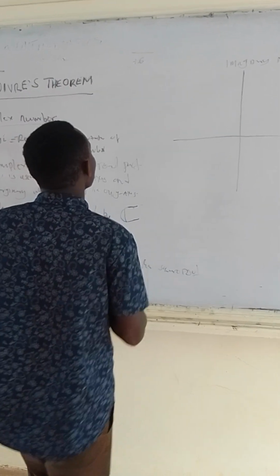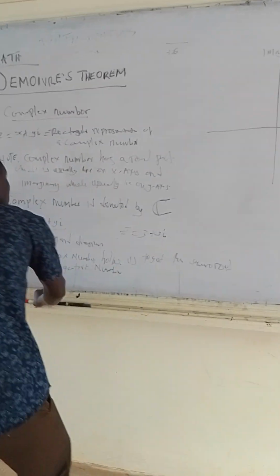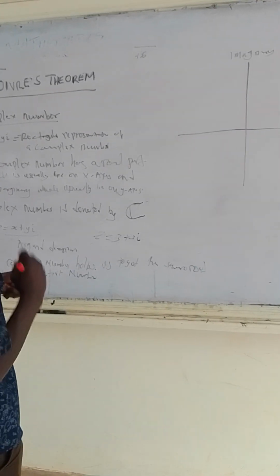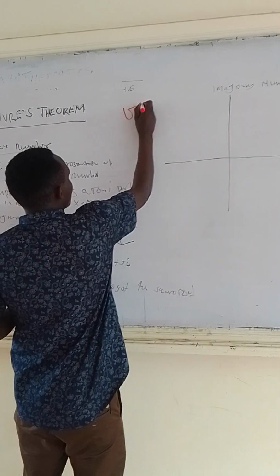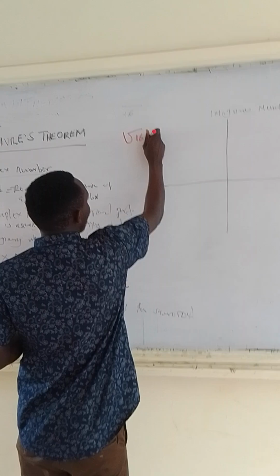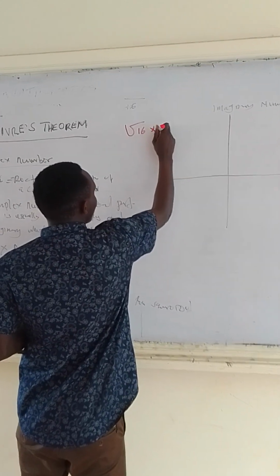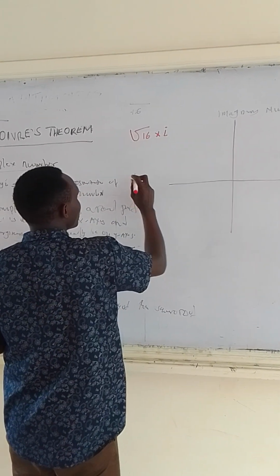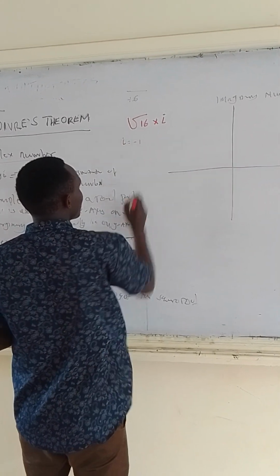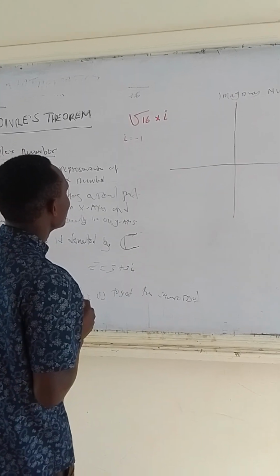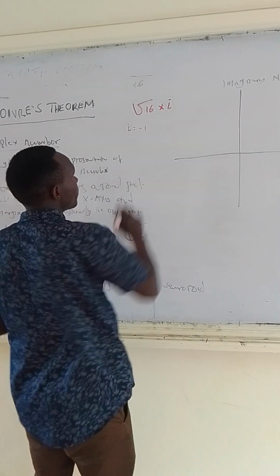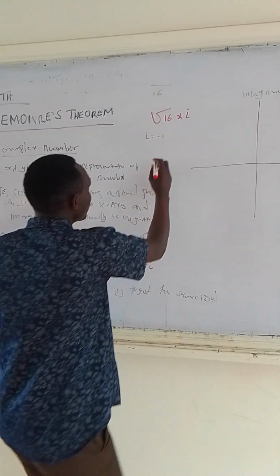The square root of negative 16 is root 16 multiplied by i, where i is the square root of negative 1, the imaginary part.